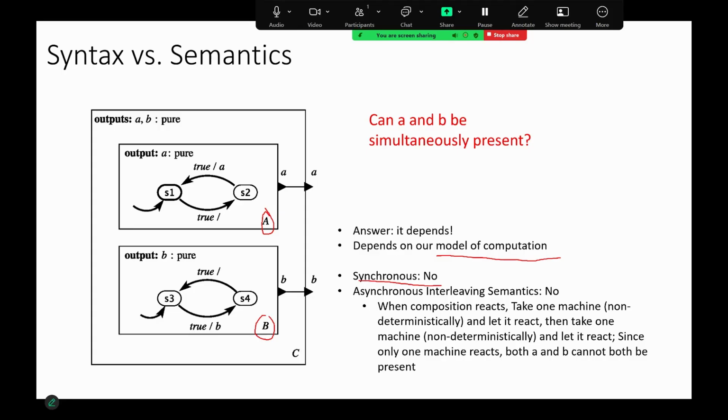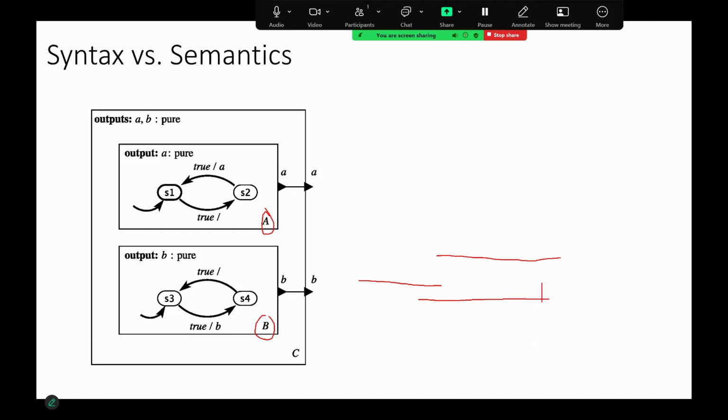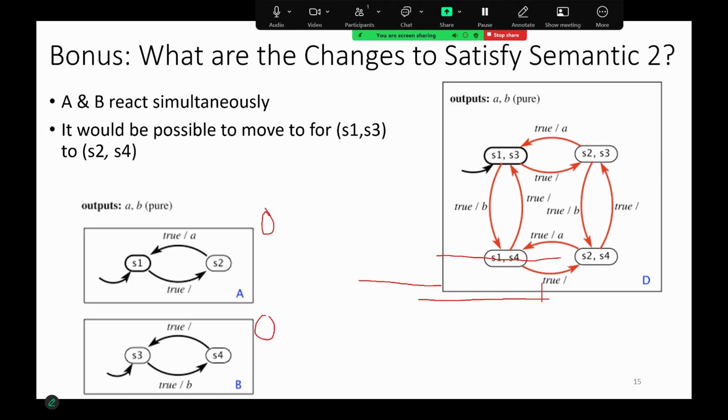Synchronous, no. Asynchronous interleaving, which is semantic one, no, because this is the semantic, and as you can see, it is either A or B on all the transitions.